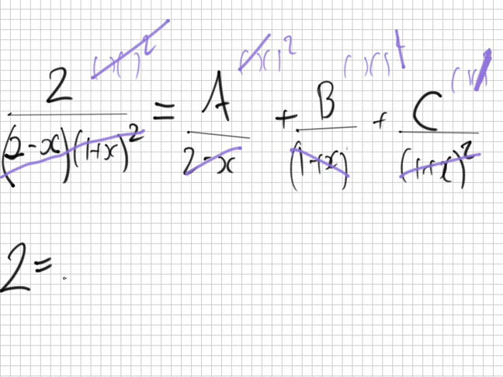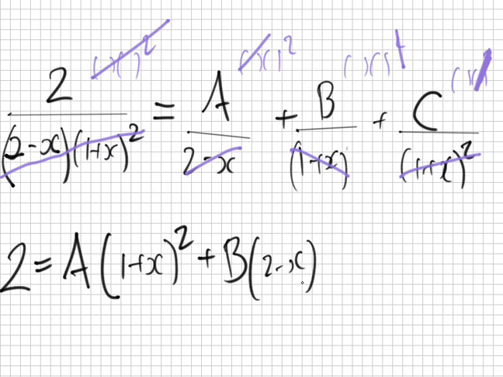2 equals a(1 plus x) squared plus b(2 minus x)(1 plus x) plus c(2 minus x).